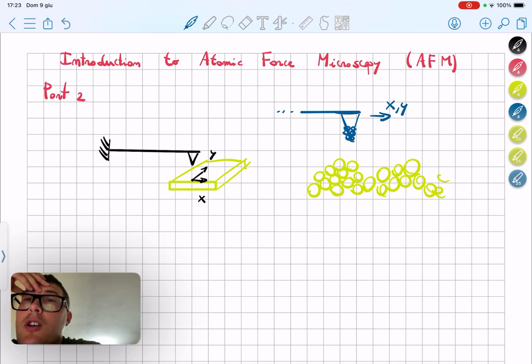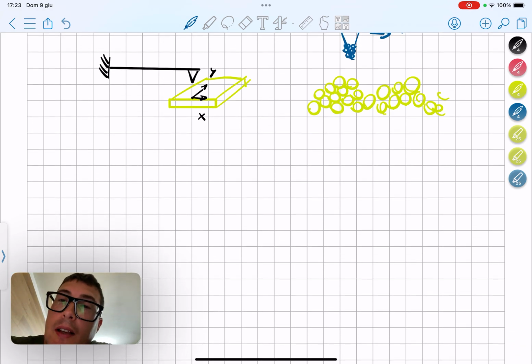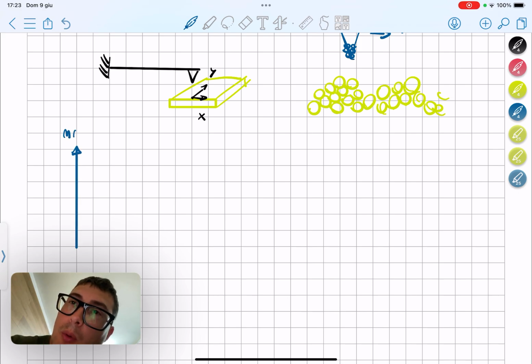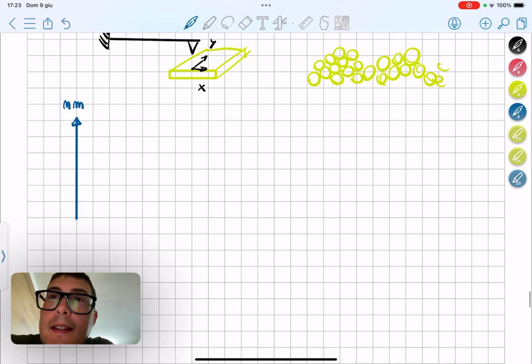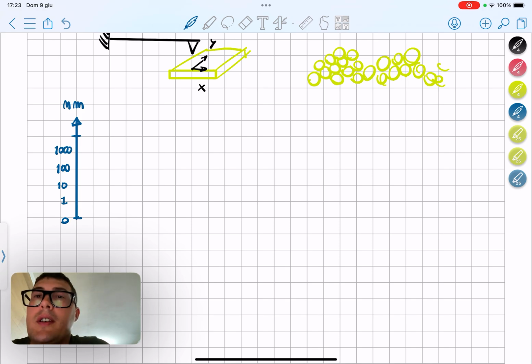But what is the origin of these forces? We introduced it a little bit last time. Let's make a scale just to give you roughly an idea of the order. If we make this scale in nanometers, let's start from 0 to 1, 10, 100, and 1000 nanometers.